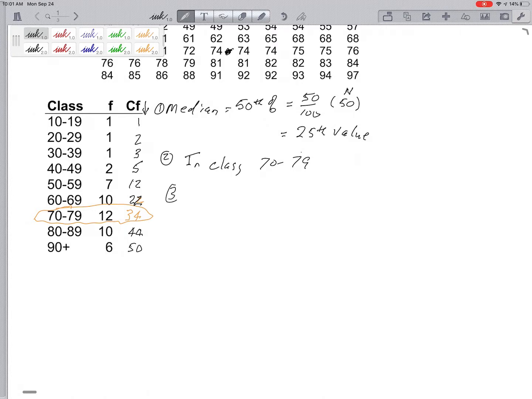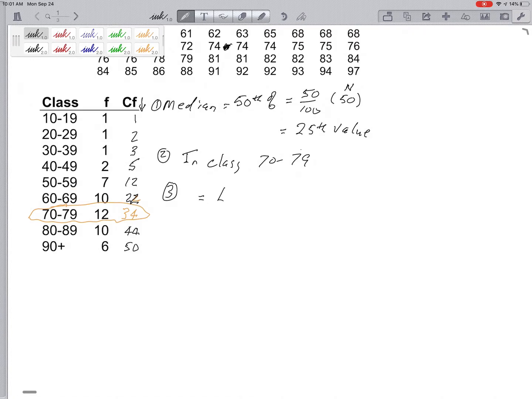Step number 3 is to use the formula that says the pth percentile, in this case the 50th percentile, is equal to L plus P over 100 times N minus M over F times C. Now we've actually calculated this particular part right here, so it's just the number 25.